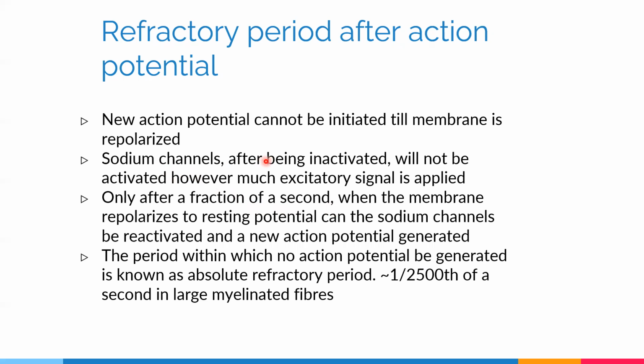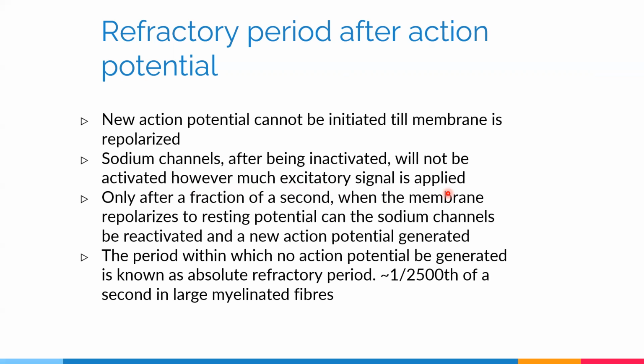Further, sodium channels, after being inactivated, will not be activated however much the excitatory signal is applied. So there is a second point that we have to encounter here, which is that the sodium channels, as we have seen, have two gates. One is the activation gate and the other is the inactivation gate. Say we are trying to forcibly open the sodium channels and make the neuron's membrane potential rise.